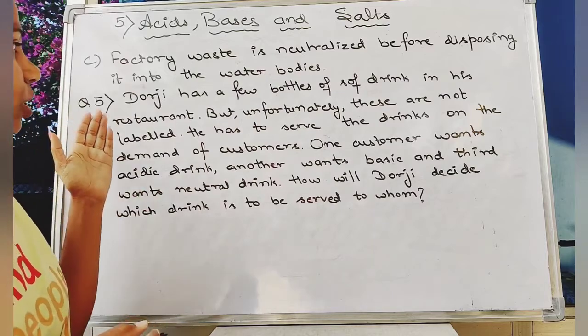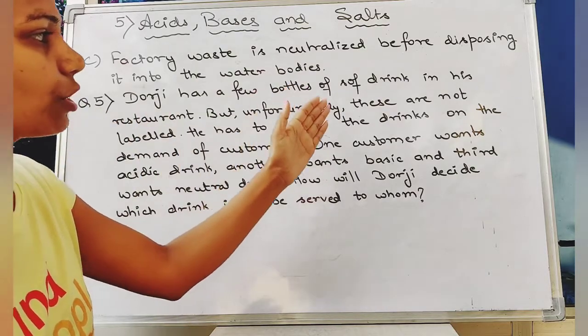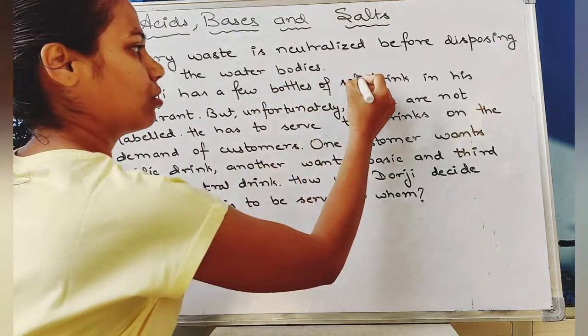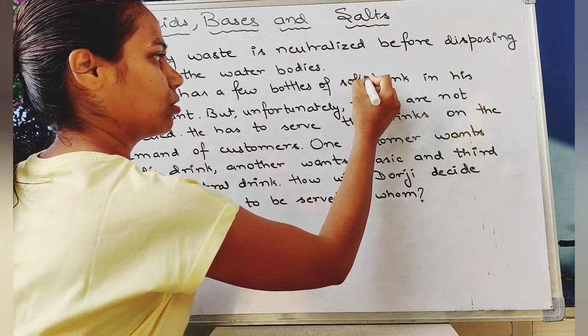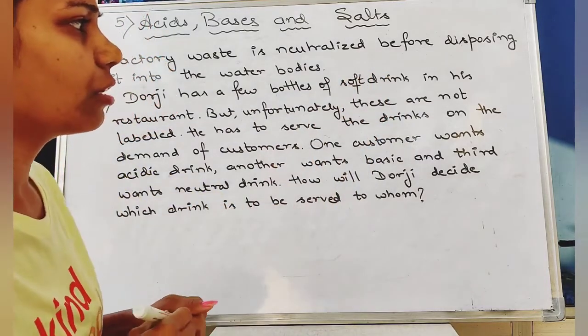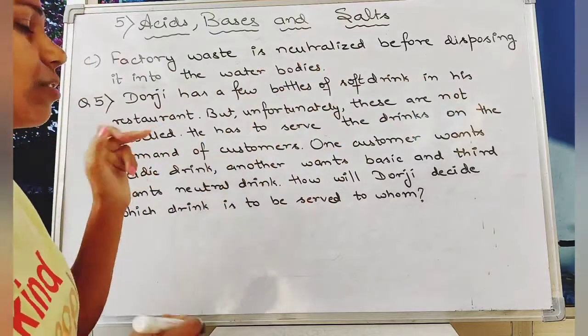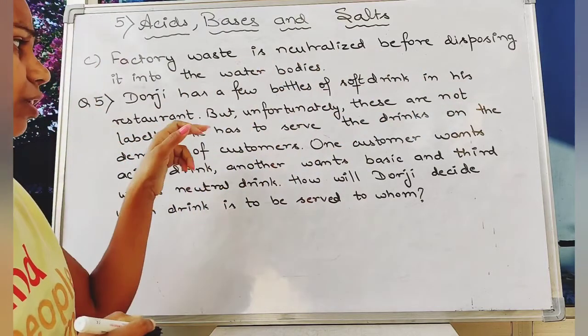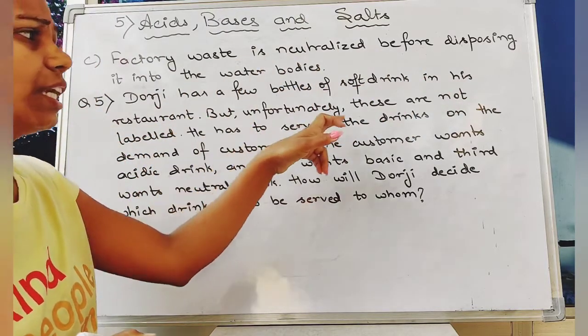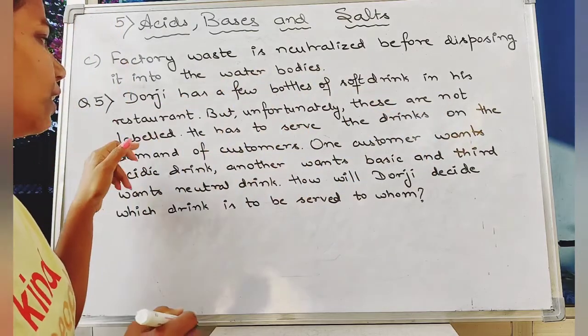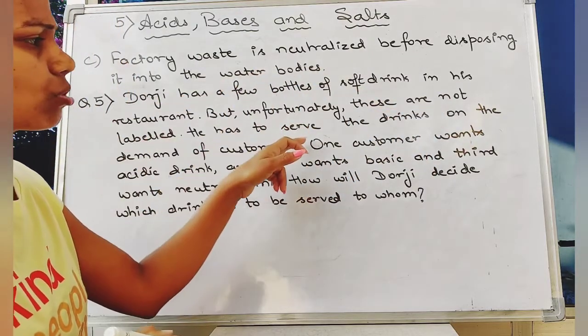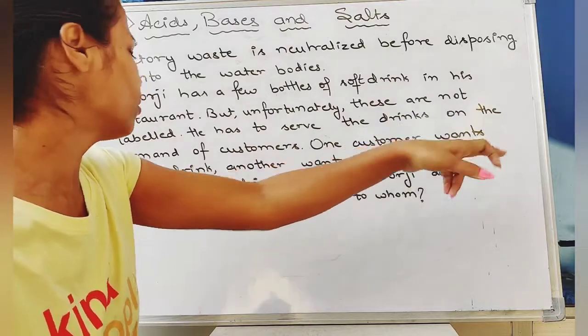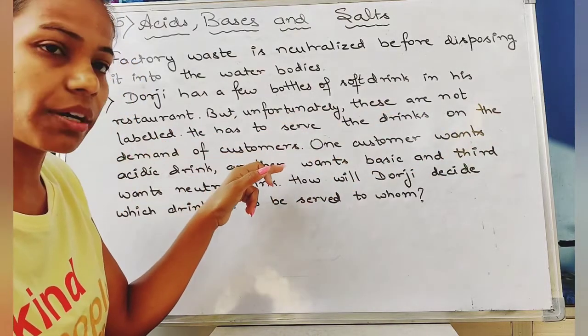Okay. Last question, Dorji has a few bottles of soft drink in his restaurant. But unfortunately, these are not labeled. He has to serve the drinks on the demand of customers.